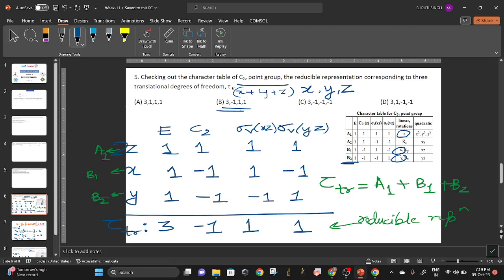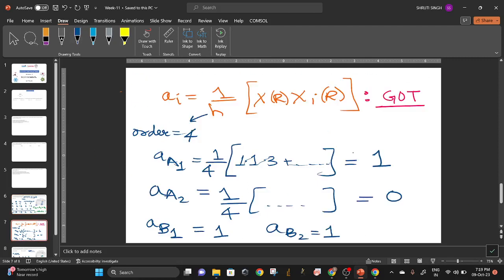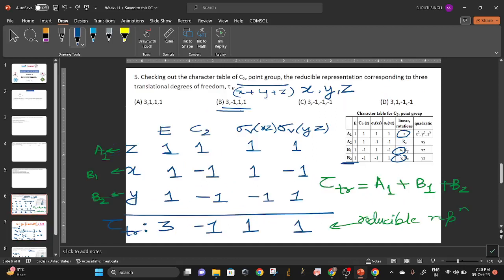Suppose it was 2 times z, then you have to multiply all the characters by 2, and the coefficient of a1 should have come as 2. But here we have taken all ones, so all the coefficients came as 1, 1, 1, and for a2 it is 0, right?